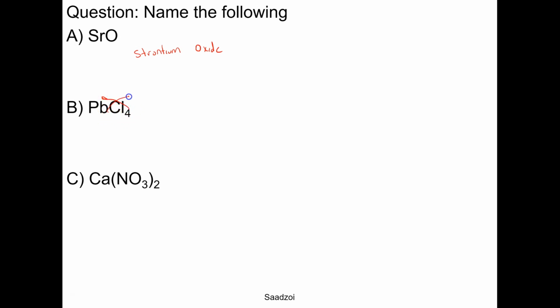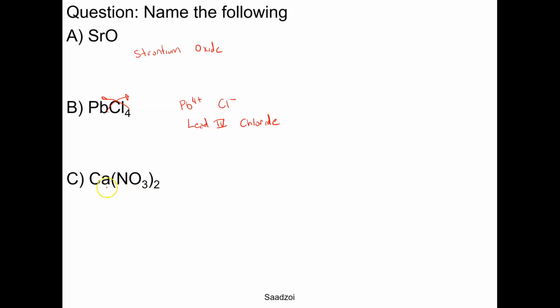The 4 goes here. The 1 goes here. So it's Pb4+, Cl-. Remember, the metal is always positive, Cl is negative. The anion is always negative, so that's how I know this is positive 4, not just 4, and this is negative 1, not just 1. So be aware of that. So this would be lead(IV) chloride.